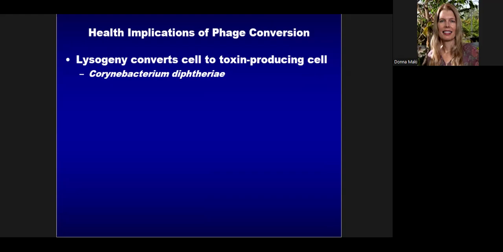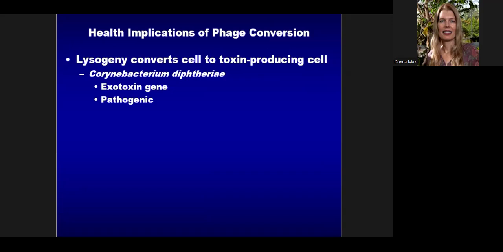If you just isolate a normal Corynebacterium diphtheriae out in nature, it might not have the prophage in it, and if you got exposed to it, you'd be totally fine. You wouldn't get diphtheria. They know that the pathogenic ones are the ones that are lysogens for this particular gene. It's called an exotoxin gene. I'll talk to you more about exotoxins later. It's nasty. It allows the Corynebacterium to become pathogenic.